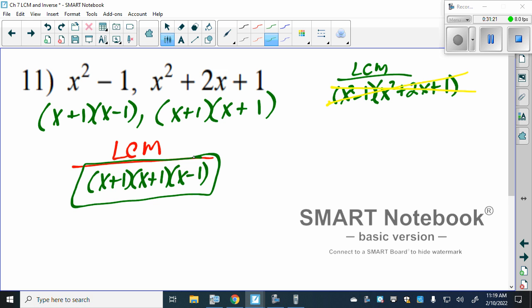Because the second one does have two x plus 1s, which does satisfy both. And the first one has an x minus 1 that we need. Because x squared plus 2x plus 1 actually does factor to become this.